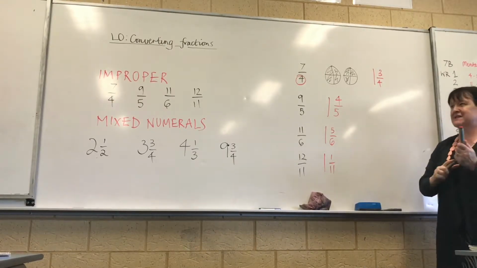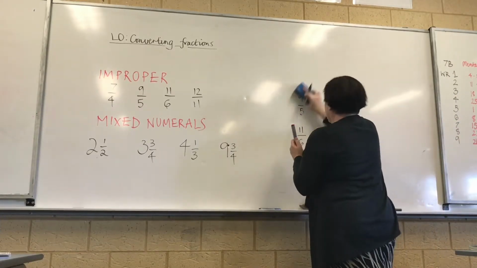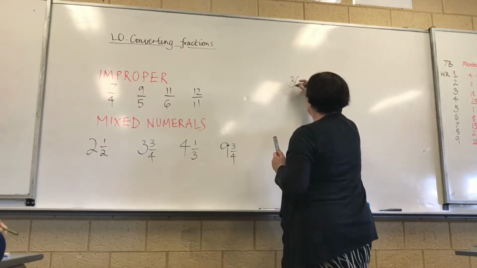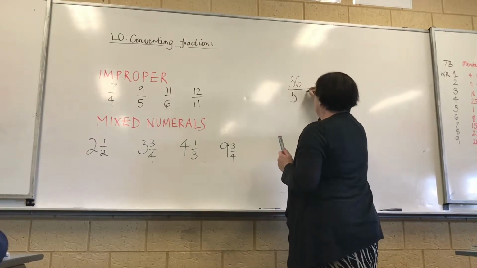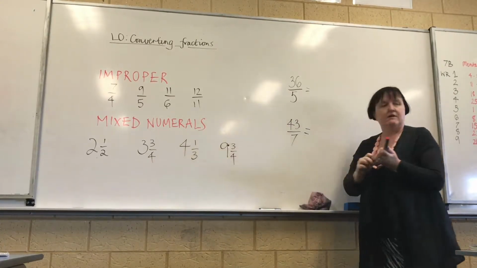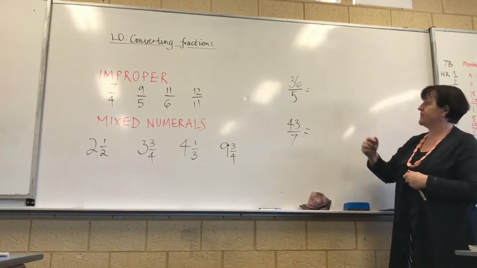So what about if we had a slightly more complicated one? Let's have a look at something like 36 over 5. Now that's a lot bigger, or 43 over 7. They're bigger. But you do it in exactly the same way.